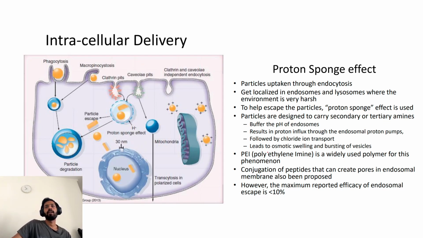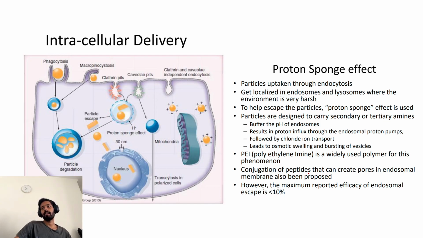We've read about some of the polymers that are routinely used for this effect. Polyethylenimine, which has amines, is routinely used for this ability to escape the endosome. So if you put your drug inside a polyethylenimine polymer, your drug will eventually escape the endosome and get released in the intracellular space.